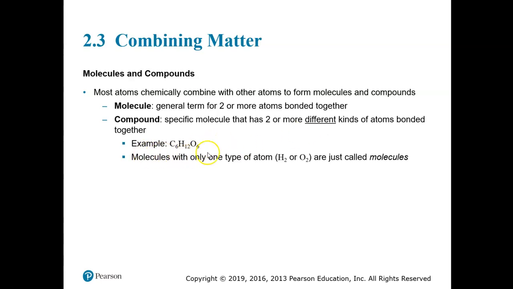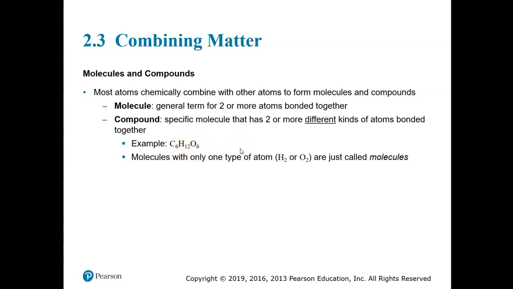So this is an example of a molecule and a compound, and it is the chemical formula for glucose, C6H12O6. It contains three different types of atoms: carbon, hydrogen, and oxygen. 6 atoms of carbon, 12 atoms of hydrogen, and 6 atoms of oxygen.